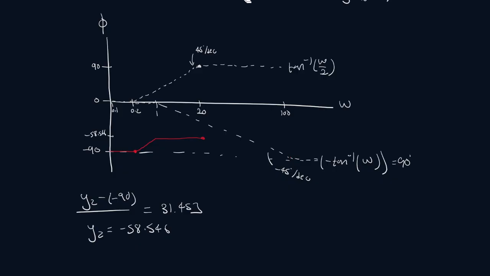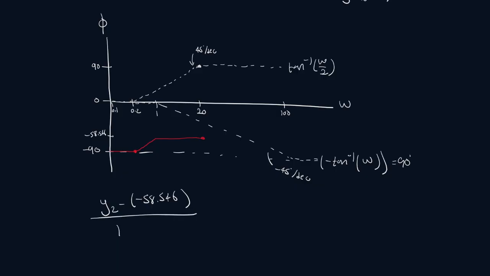So y2 minus y1 being minus 58.546, and log of x2, which is 100, all over x1, which is 20, equals minus 45. So let's see what that gives me.